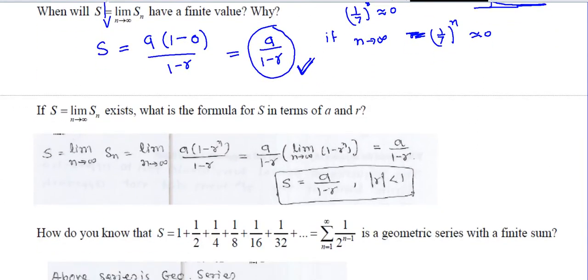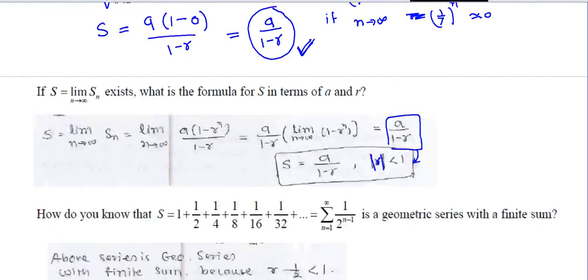Same thing here: n goes to infinity, r to the n is very, very small, and what is left is a over 1 minus r. But this is only possible if and only if the absolute value of r is less than 1.